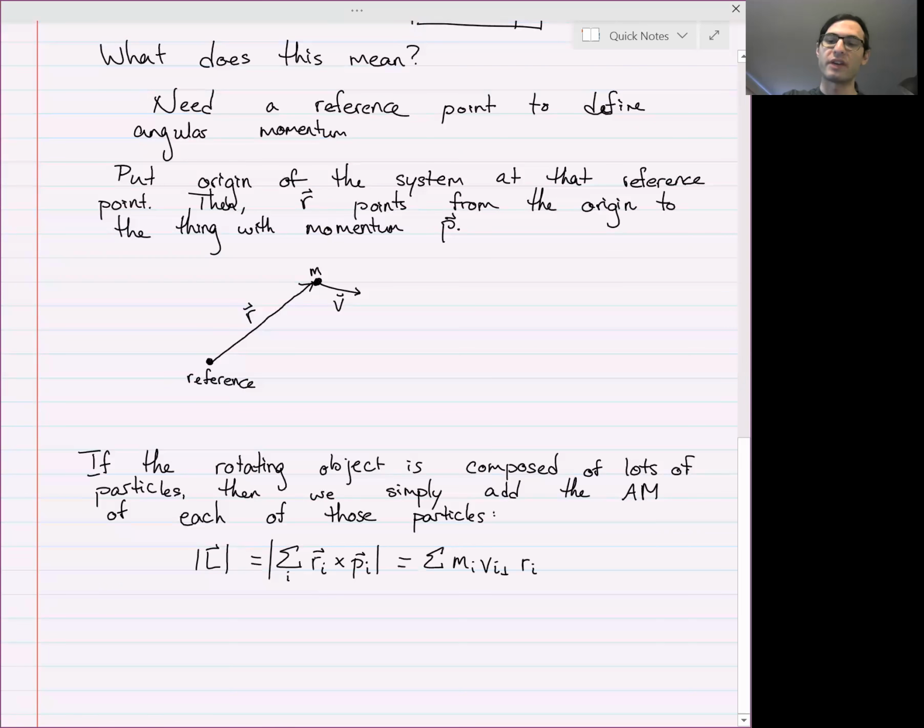If I had put the magnitude symbol inside the sum, the answer could potentially be different. But because all of these objects are a single extended thing, a whole bunch of things glued together, all rotating together, all of their angular momenta point in the same direction. So in that case, the sum of the magnitudes is the same as the magnitude of the sum. It's a specific case, but it works for a single extended object where you don't have different pieces rotating at different rates.